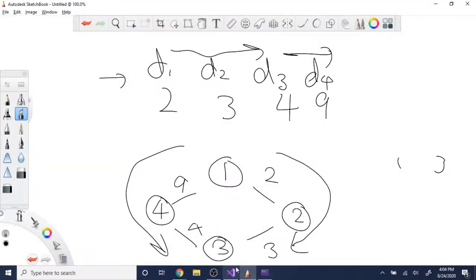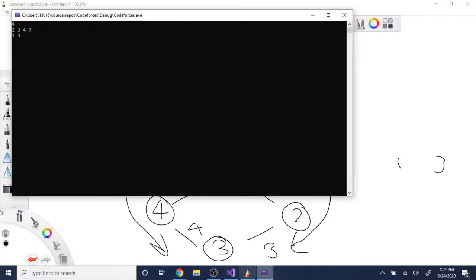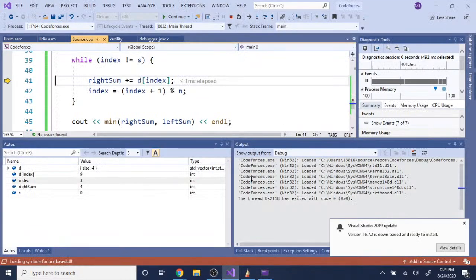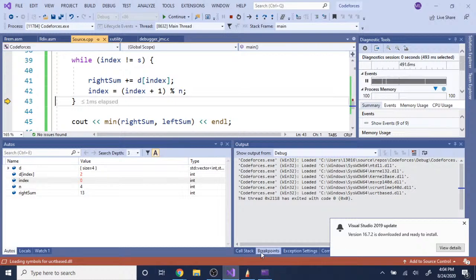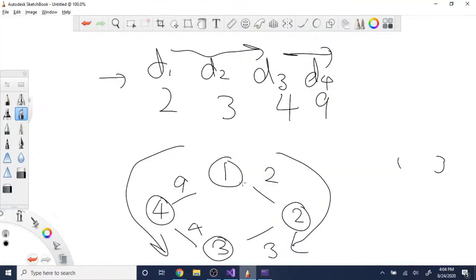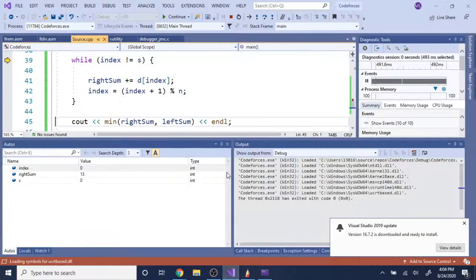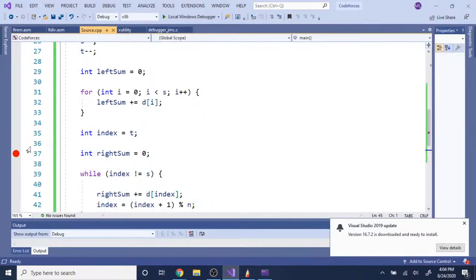It's going to add 9. Yeah, so 4 plus 9 is 13, so it does 4, 9, 13. It should go to 2, and it should stop. Yeah, okay, so that's good. Now we have 14. Okay, left sum is 0. I don't know why left sum is 0.